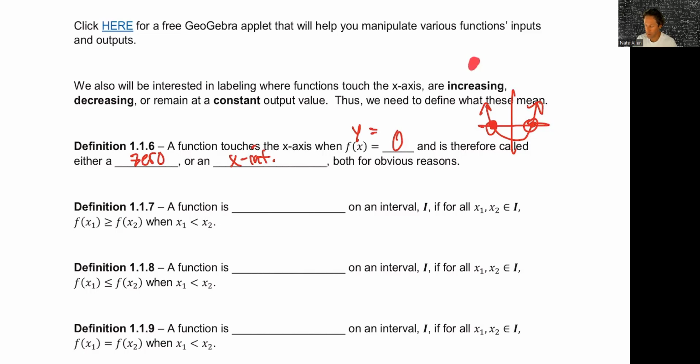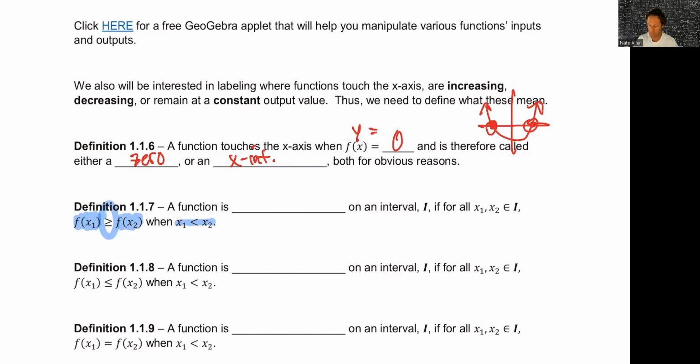If you went over here and said that this was your x1, and here this was your x2, now look and see that this is bigger and this is smaller, but then that tells us that they are decreasing. So taking a look at this, what does it mean when our x1 is less than x2 and our y value for x1 is greater than the bigger x value, x2, its y value?